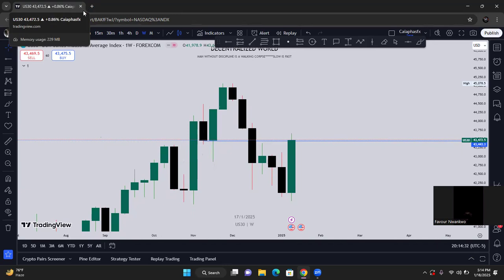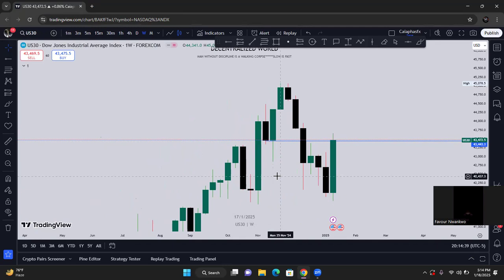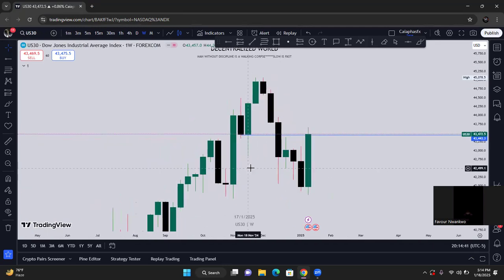Even though all the things that I saw in the lower time frame objected to it, this is a weekly time frame breaker block.